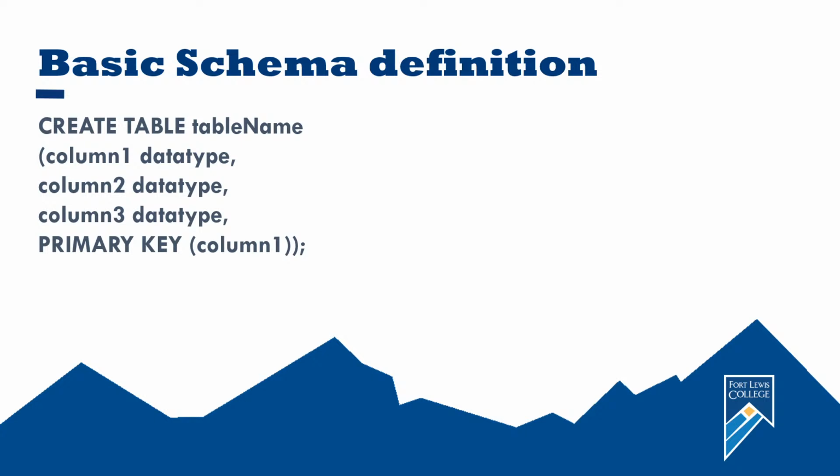But again, what you're doing, using the CREATE function, telling it what you're creating, a table, you're naming the table, opening up a parenthesis, then you put in all of your columns, separate them out by a comma, and obviously you also have to specify the data type, just use a space for that. So for instance, if I wanted to use column 1 as student ID, I'd say student ID, and then I'd say INT.